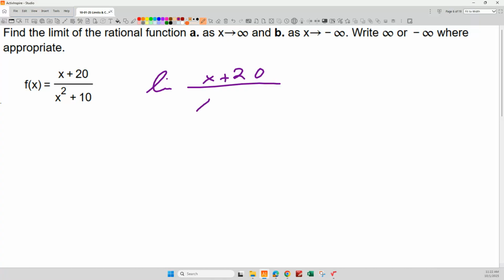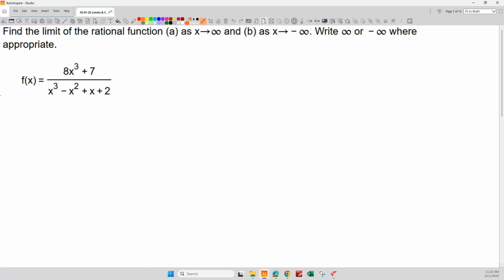There you go. As x approaches plus or minus infinity, it equals 0, because we have a rational function with a higher degree polynomial in the denominator. And that's just one of our rules, right? What about that one?